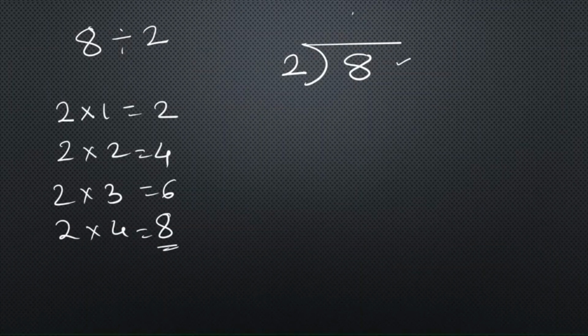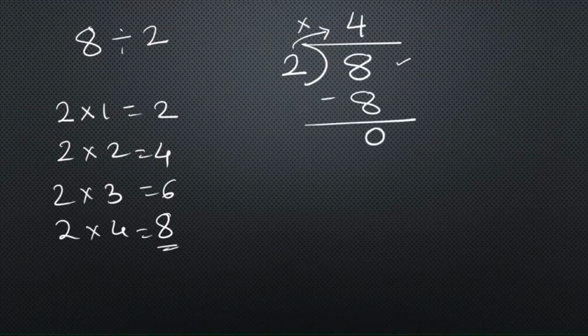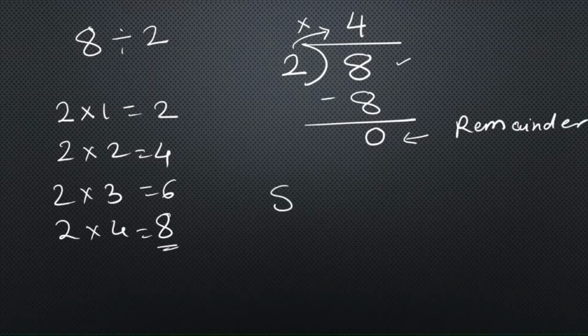So I write here 4, and when you multiply these 2 and 4, means 2 times 4 equals, it comes as 8. Now subtract this 8 and we get 0 as leftover, or the leftover is also called remainder. That means 8 divided by 2 comes as 4.